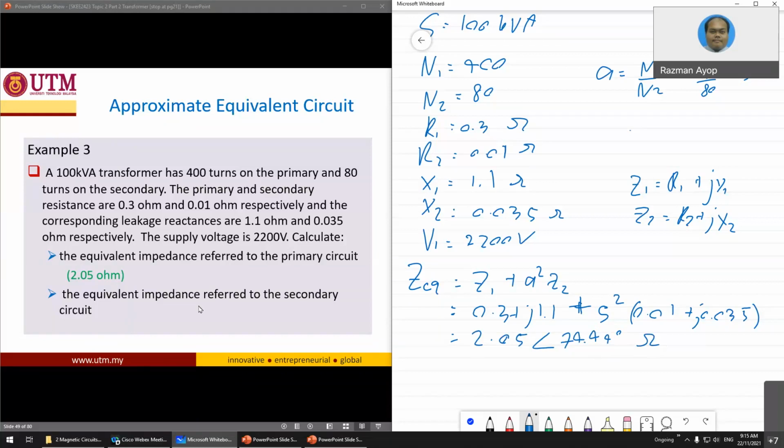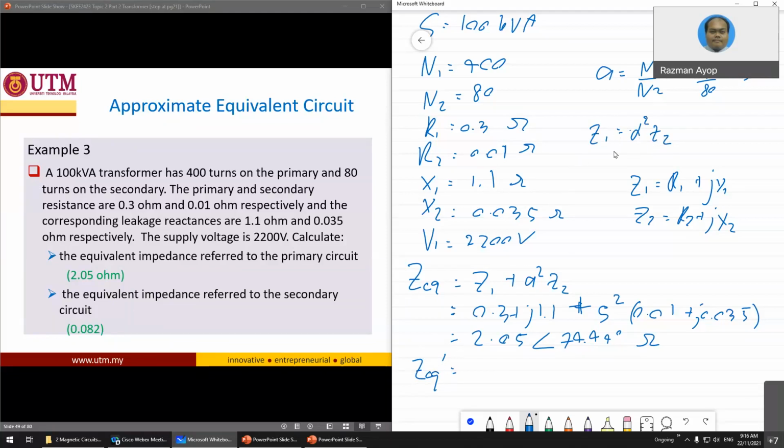This question asks you to refer to the secondary side. So ZEQ bar equals, recall back, Z1 equals alpha squared Z2.